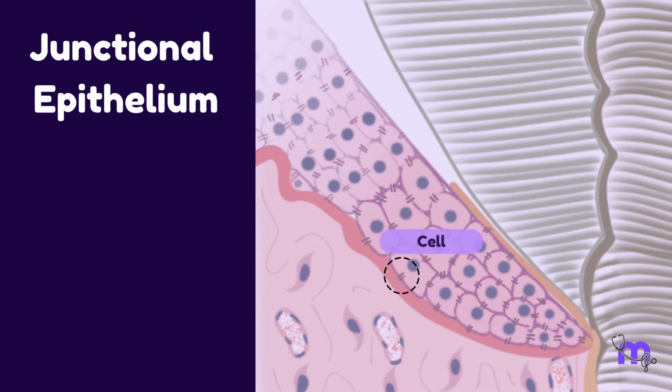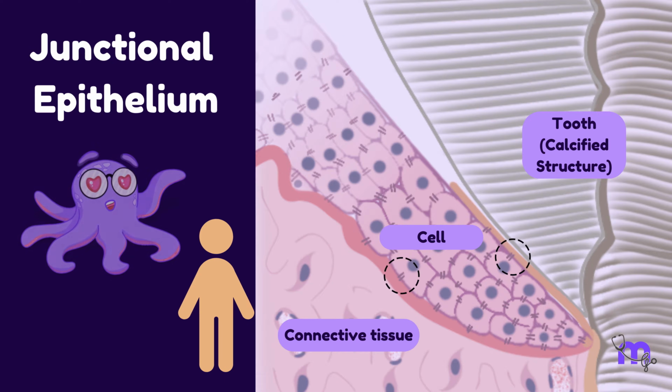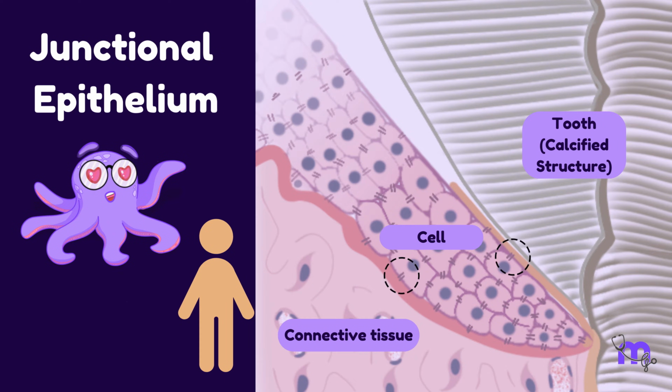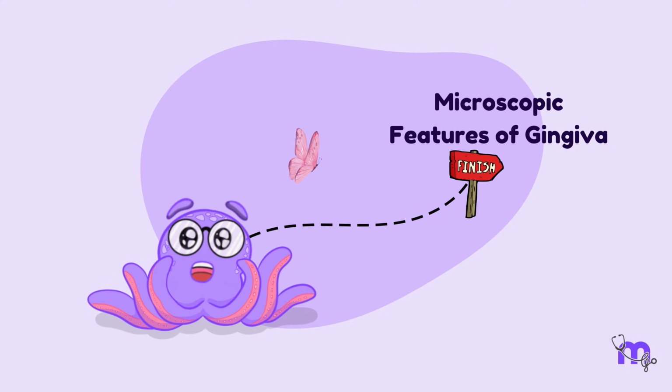You find a cell to connective tissue hemidesmosome attachment elsewhere in the body, but the cell to calcified structure attachment is unique, which is the beauty of junctional epithelium. Wow! You just finished a brainstorming session on the microscopic features of gingiva, the gingival epithelium.